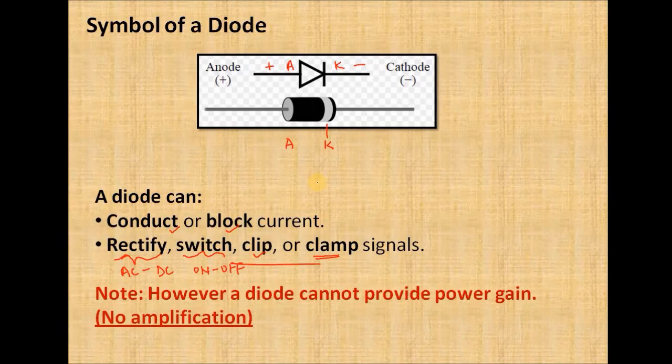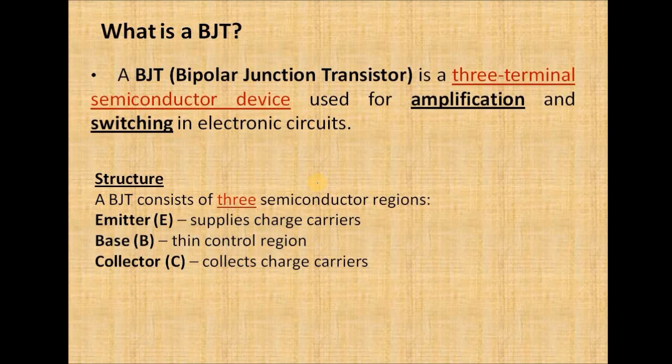Now moving forward, let us try to understand some things with respect to a BJT. BJT stands for Bipolar Junction Transistor. The word bipolar means the current conductivity in a BJT is due to holes as well as electrons.